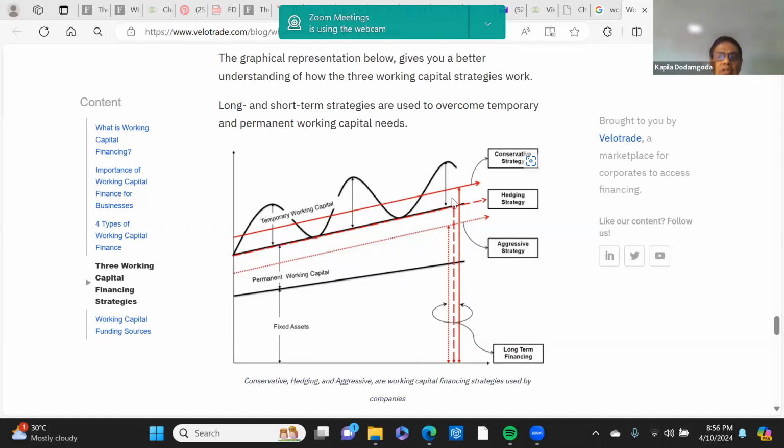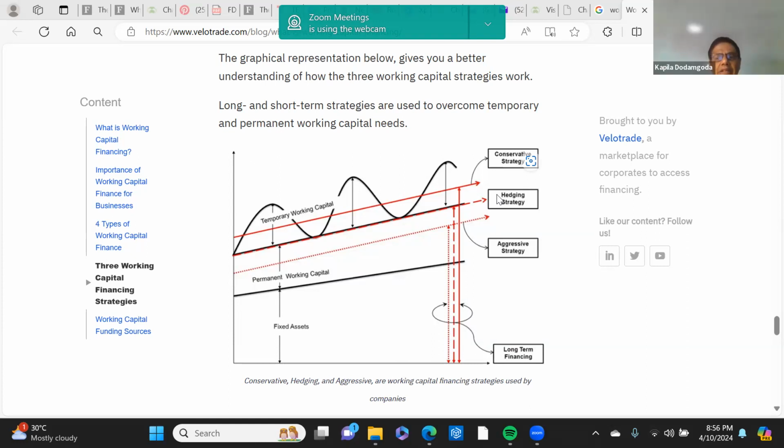The balance is going to be funded through short-term loans. If you are aggressive, you will be funding only up to this point through long-term financing. This is the conservative strategy and this is the aggressive strategy.